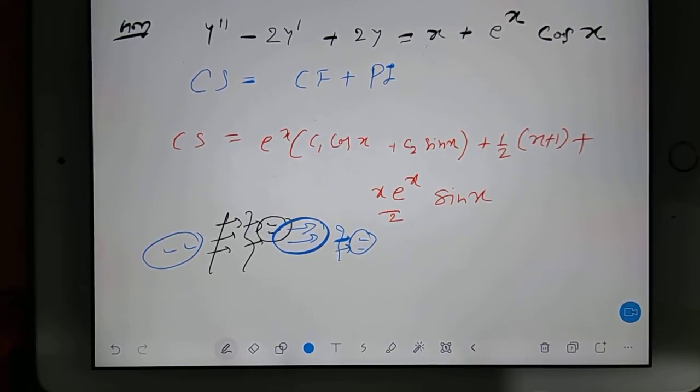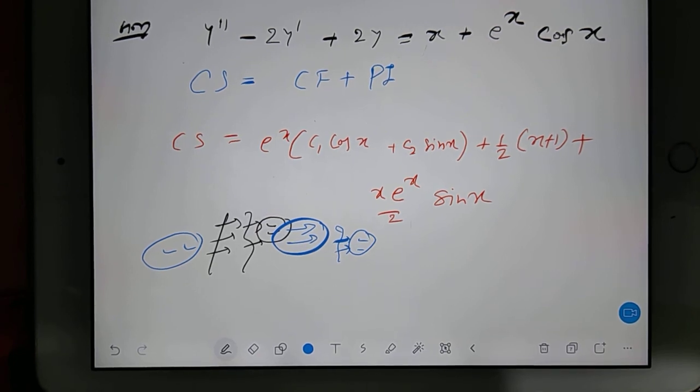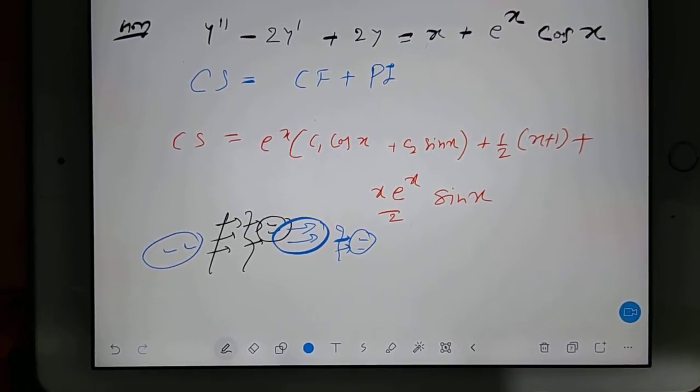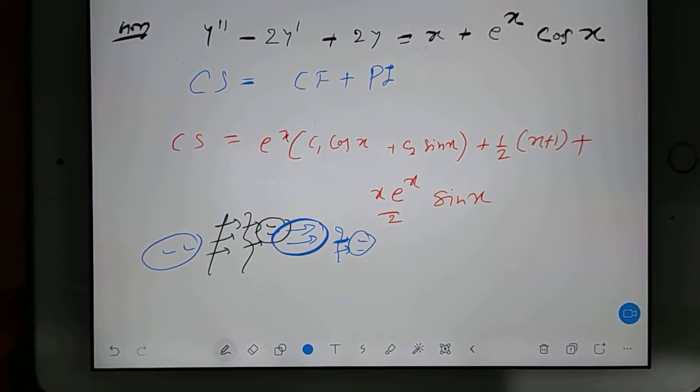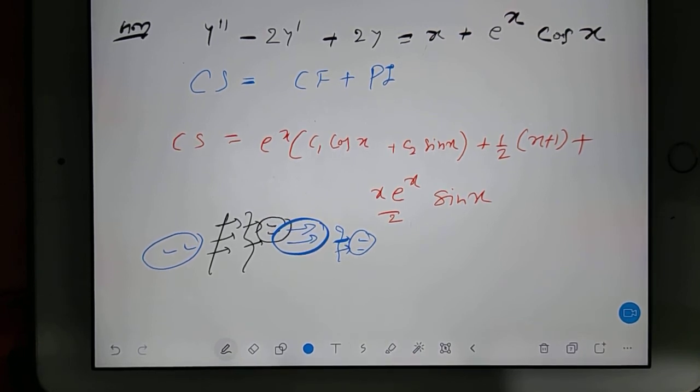I have made very good notes. Then we'll jump to our partial differential equation. So in tomorrow's class, we'll start our partial differential equation.